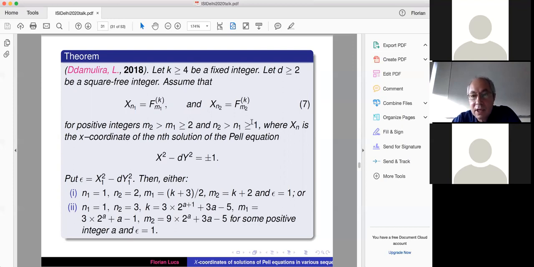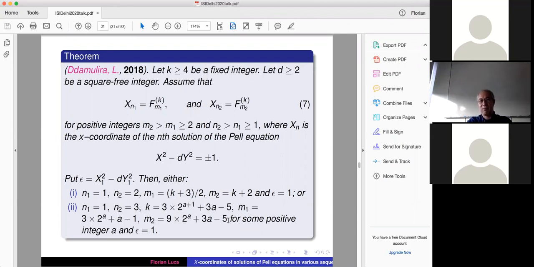It turns out that you only get solutions at small indices. So for example, if n1 is equal to 1 and n2 is equal to 1, you get some choices for m1 and m2, or if n1 is equal to 1 and n2 equal to 3, you get some other choices. Now, instead of bothering you with the terrible details of that, you can see already that these things are pretty nasty.